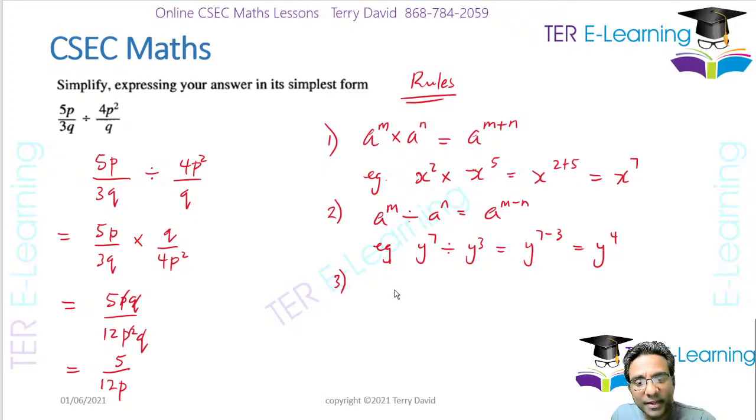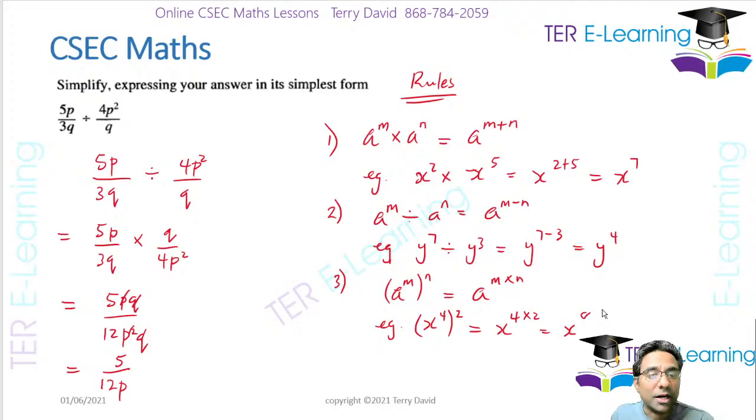My third rule, if I have a to the power m, all being raised to the power n, it's going to be a to the power m multiplied by n. For example, if I have x to the power 4 and I want to square this, the answer is going to be x to the power 4 multiplied by 2, which is x to the power 8. A common mistake, especially with this one, is that students will say 4 plus 2 and get x to the power 6, which is incorrect.